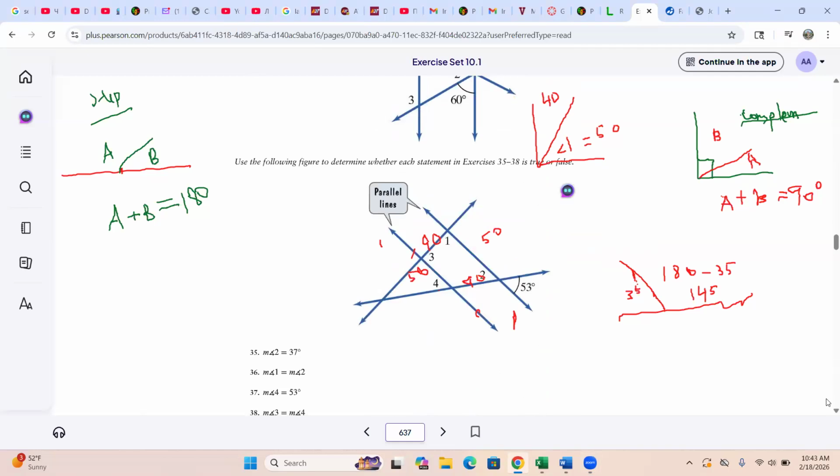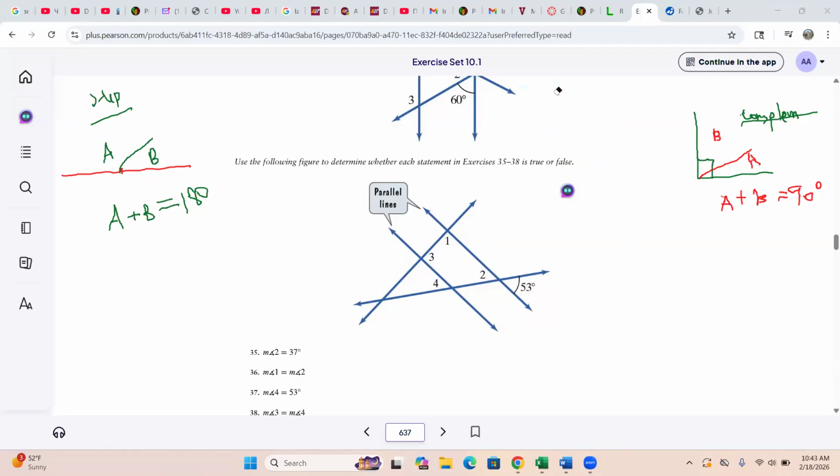So let me try another exercise. I'll clear this mess and enjoy the exercise. Here, it's actually an entire group of exercises that want me to basically find various angles. So they say use the figure to determine if this is true or false. Please notice they are kind of related to logic ideas that we already saw previously, true or false.